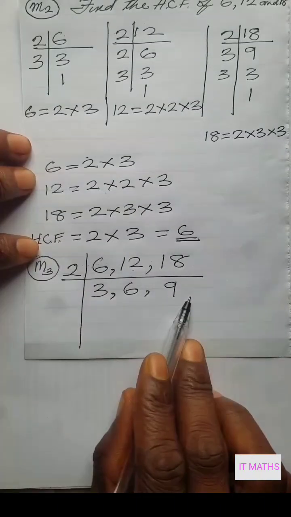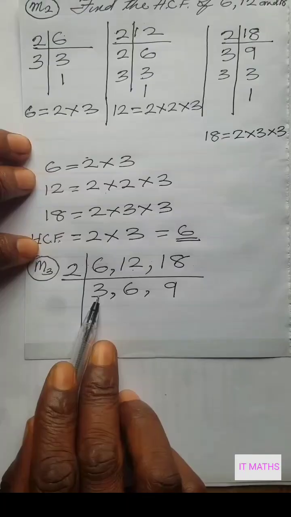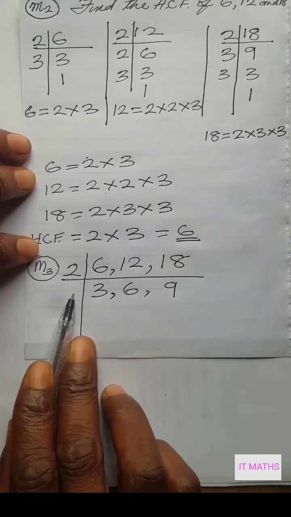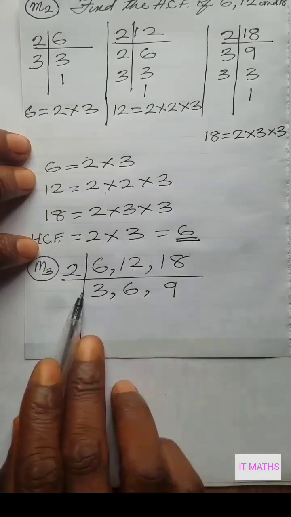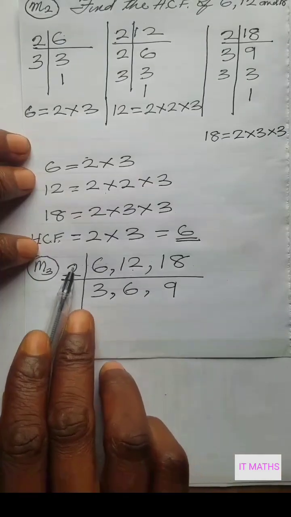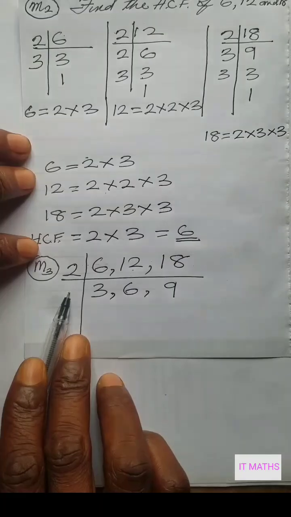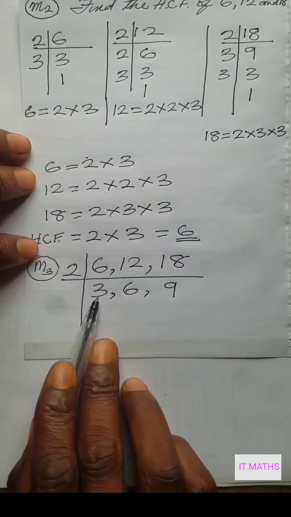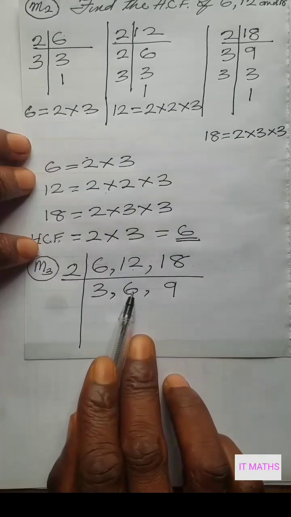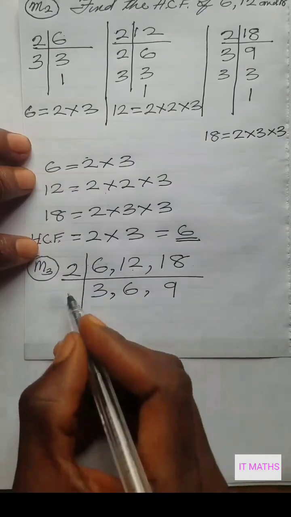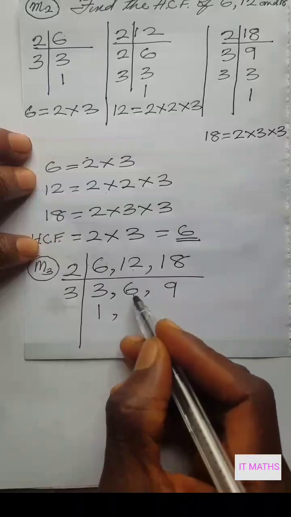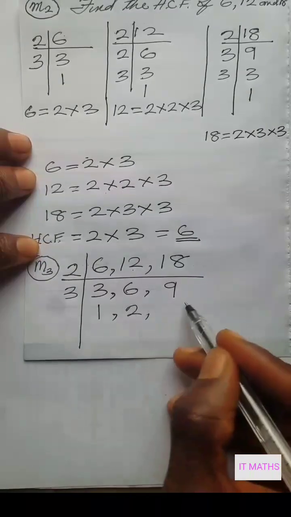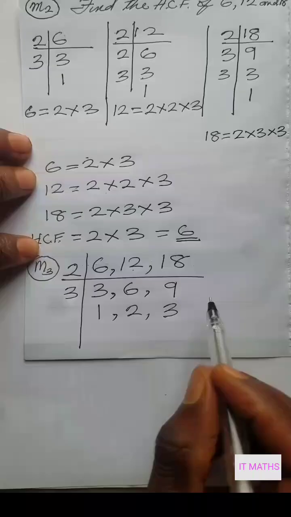What other factor can we pick? Can 2 still go? No, it can't go here. So we don't pick it. Once we find out that 2 cannot divide any of them, we don't pick such a factor. We go to the next higher common factor, 3. 3 can divide 3, can divide 6, can divide 9. So we pick 3. 3 goes into 3, 1, into 6, 2, into 9, 3.